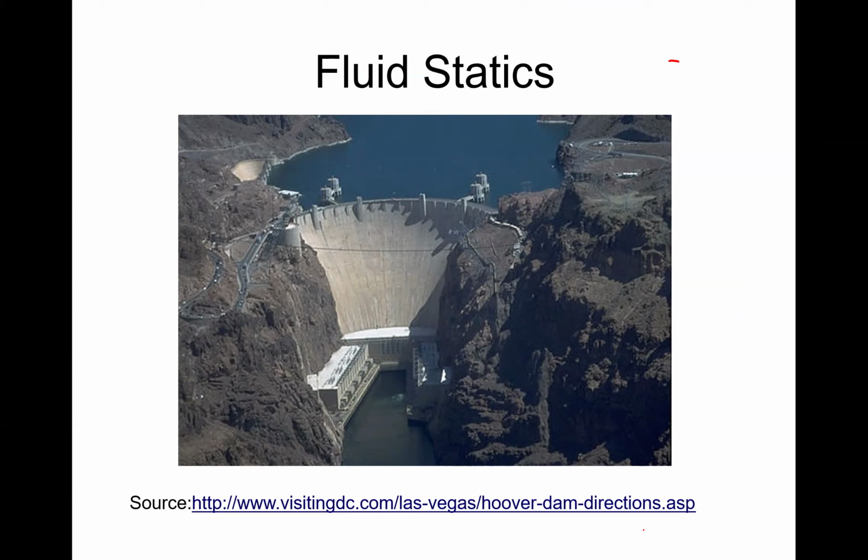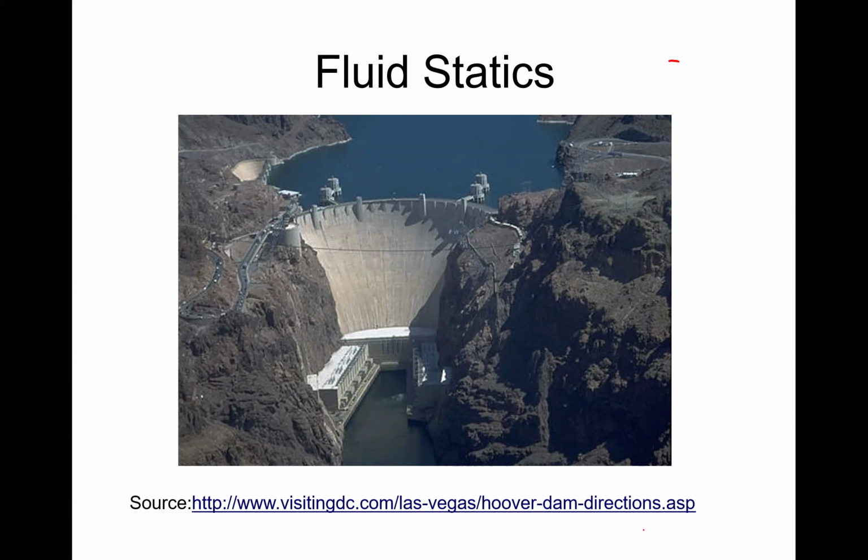When it comes to fluid statics, we are trying to do calculations of pressure, for the most part, and calculations on the impact of that pressure, say, on structures like this. This is a picture of the Hoover Dam, one of the biggest dams in the United States.